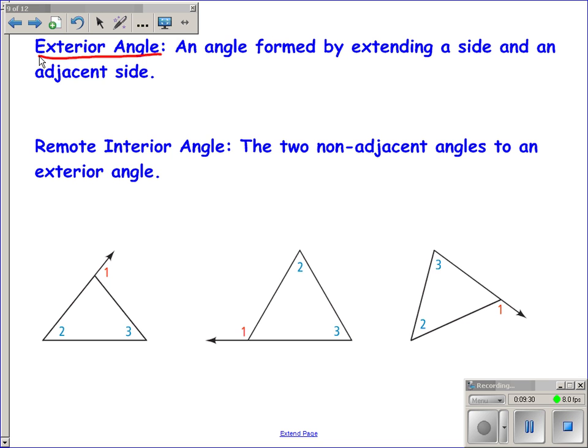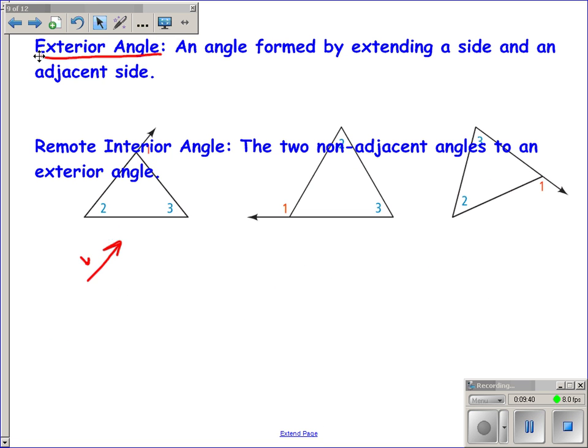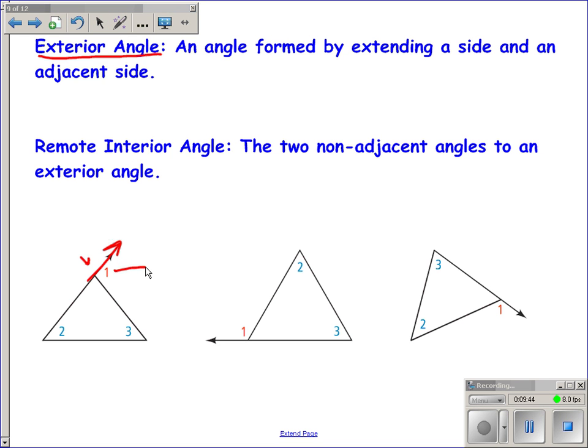Okay, so if I take a triangle and I extend one of the sides, the angle that I create, not this side, which is a straight line, okay, the other side, this side, is the exterior angle. Similarly, this is an exterior angle, and this is an exterior angle.